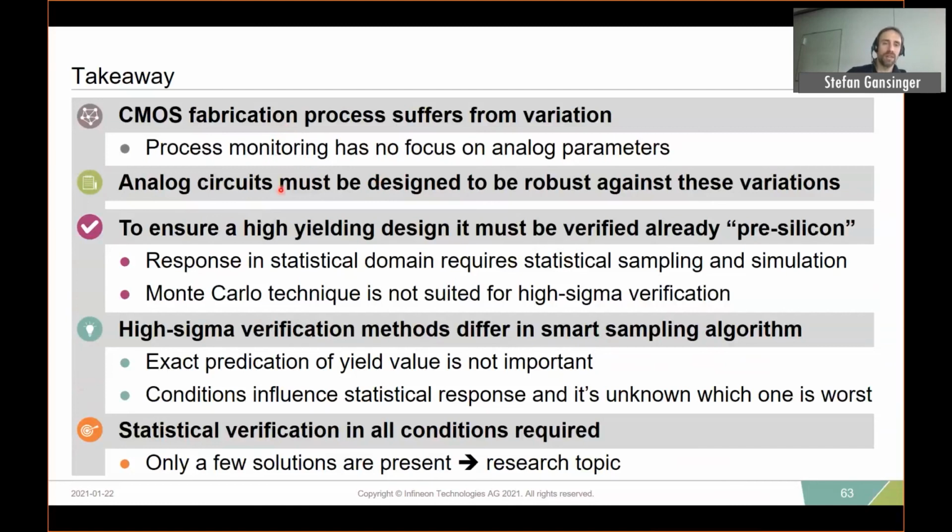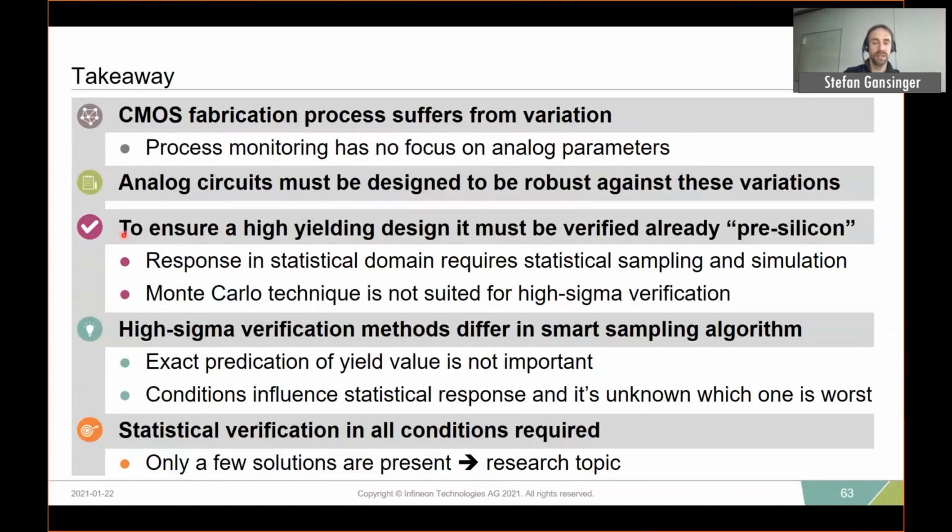I showed you some methods for how we can improve for global variations, but also for local variations. And of course, it's already nice or even mandatory to ensure that our design, which we hopefully made robust, is going to work in production or after production. So we want to do some verification here.